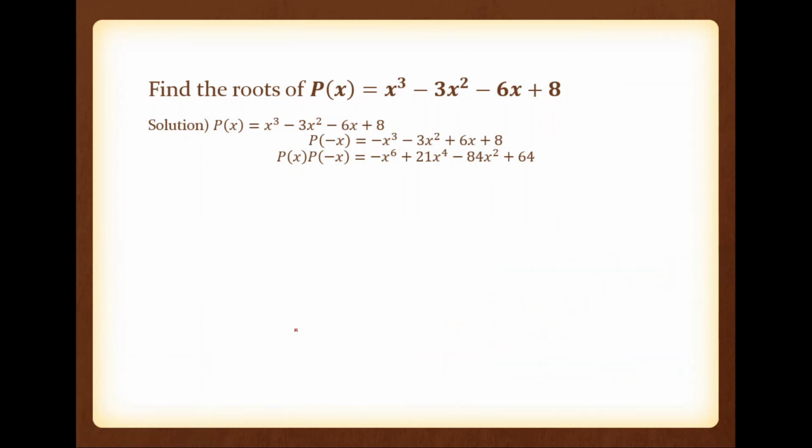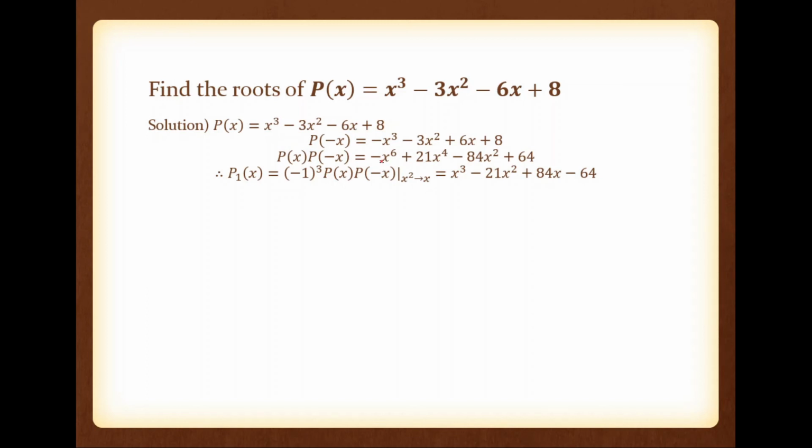Now what we have to do? We have to take minus 1 outside, then replace x square with x. So we have p1 of x. As it is a third degree polynomial, indirectly we are taking minus 1 raised to 3, that is minus 1. So minus 1 outside, then p of x into p of minus x, where x square is replaced with x. So the minus sign is removed.